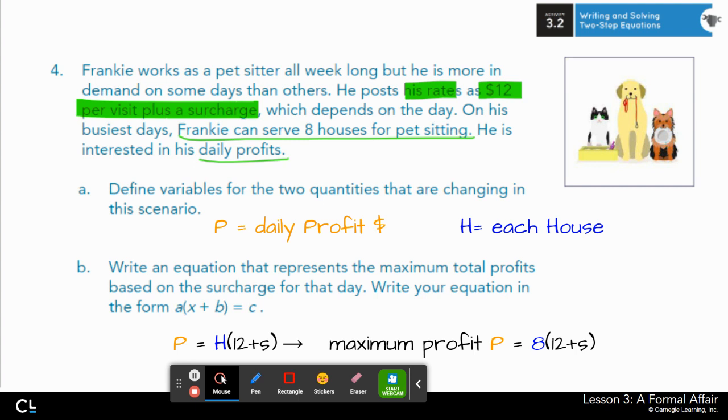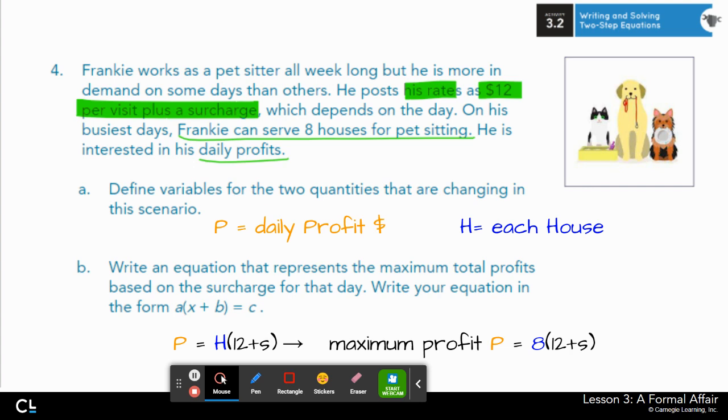The equation for one house would be P is equal to H times 12 plus S in parentheses, because each house is a $12 charge per visit plus a surcharge for each house he goes to. The maximum profit he can earn is from 8 houses, so I replace that 8 in that equation for H.